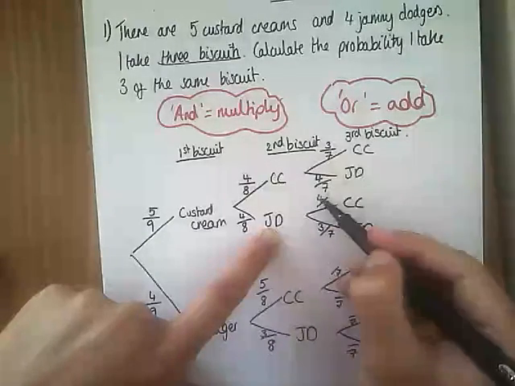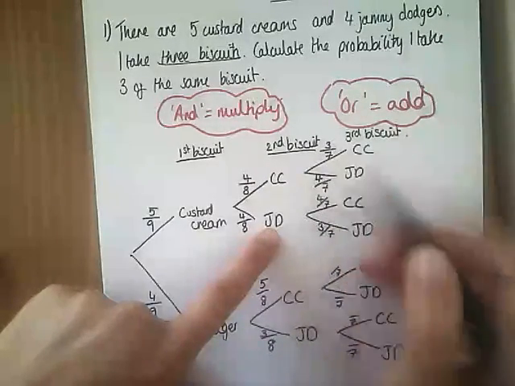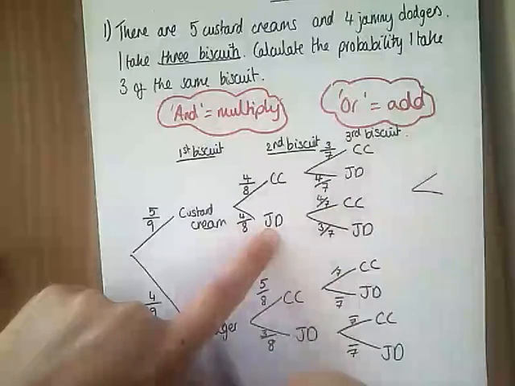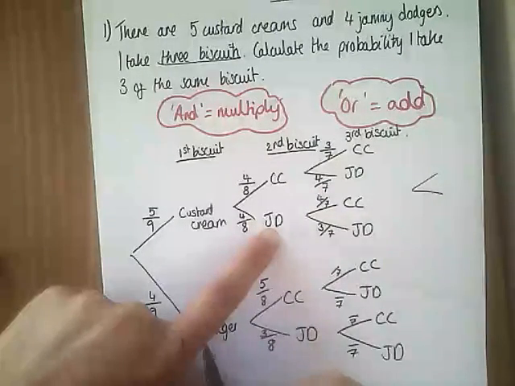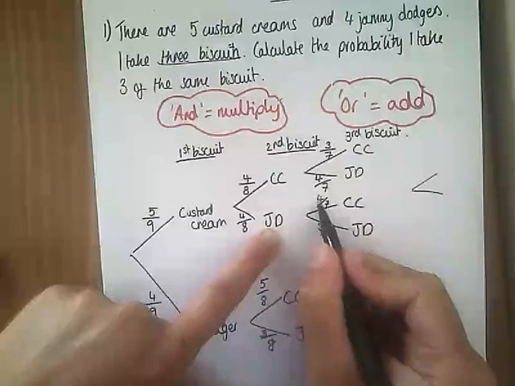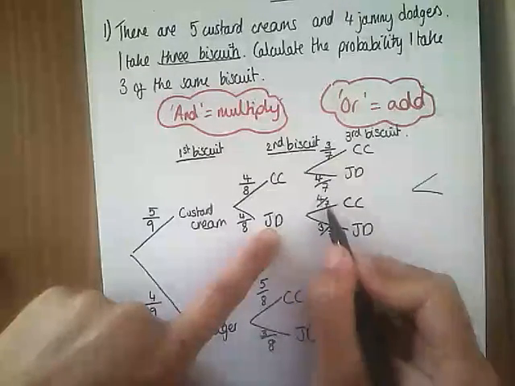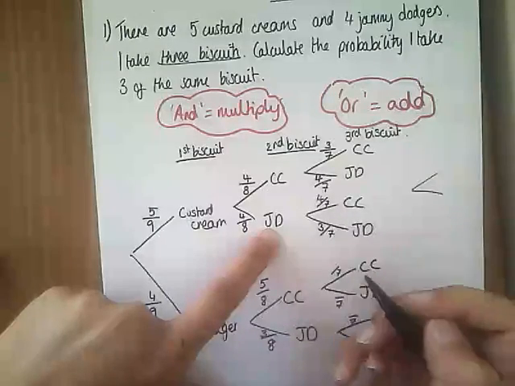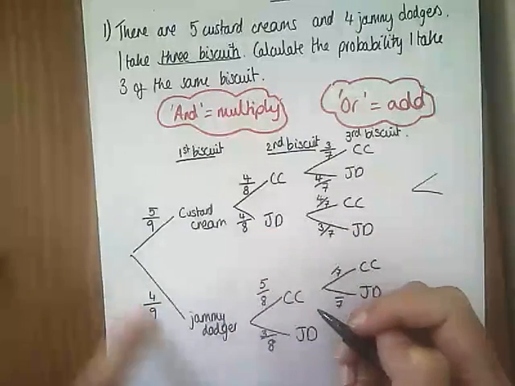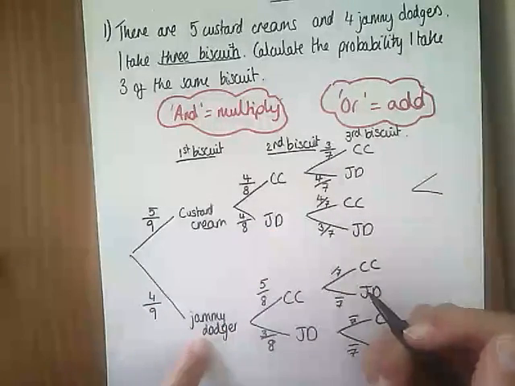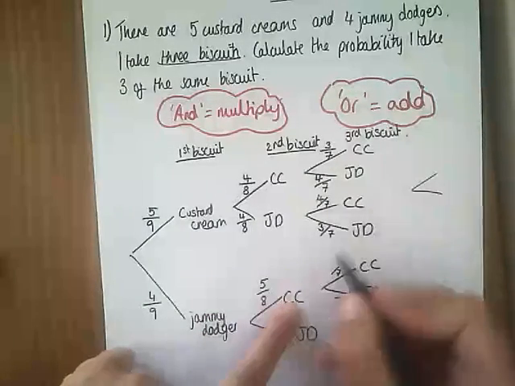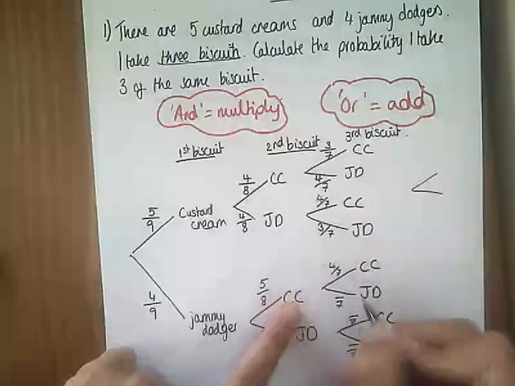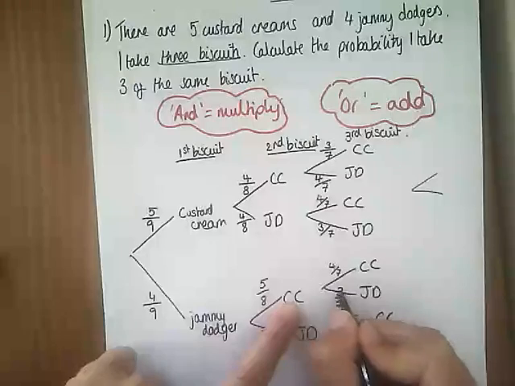Just remember as well, the numerators on each of these triangles have to add up to the denominator. So here, these numerators have to add to 7, so in total this has to be 7 sevenths. If I've taken a jammy dodger to start with and then a custard cream, I've got 1 fewer custard cream and 1 fewer jammy dodger.